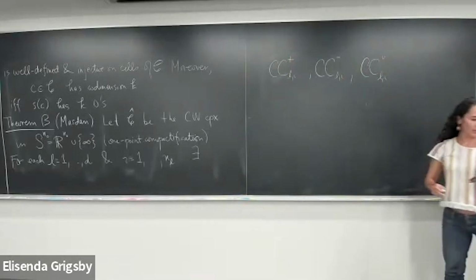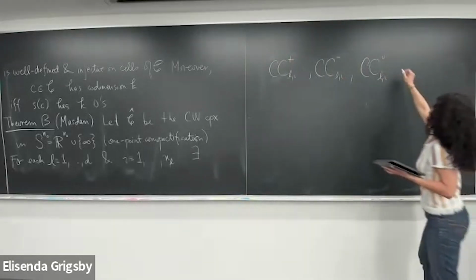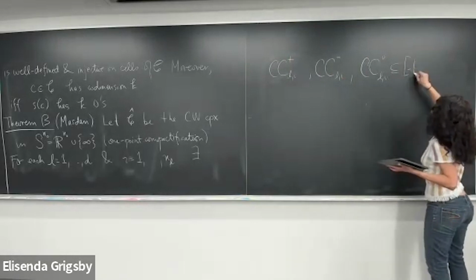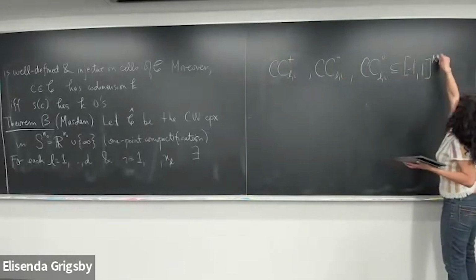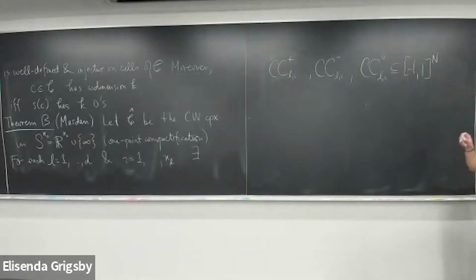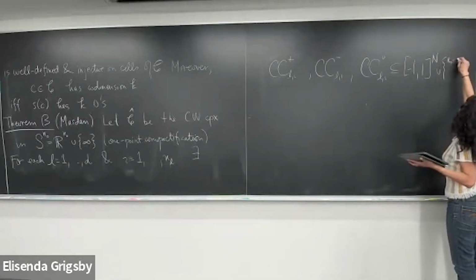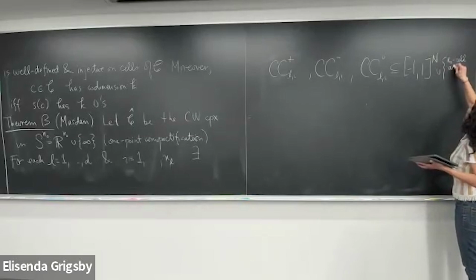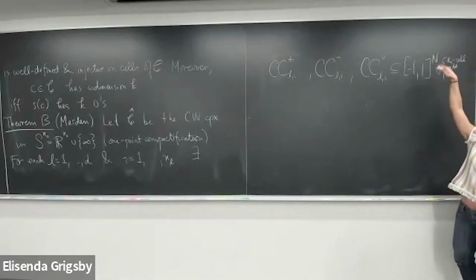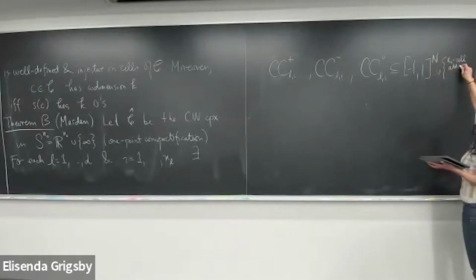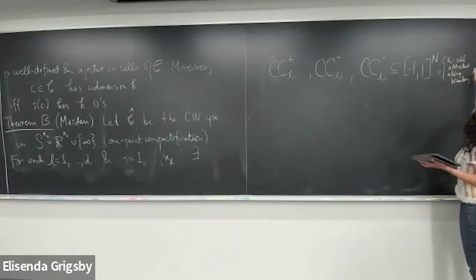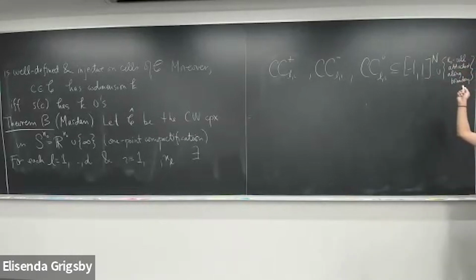So these are going to be complexes, and they're contained in, as I advertised before, this n-dimensional cube union an n0 cell attached somehow along some part of the boundary of this. And in fact, the way that it's attached along the boundary is determined by the labelings of the unbounded cells.